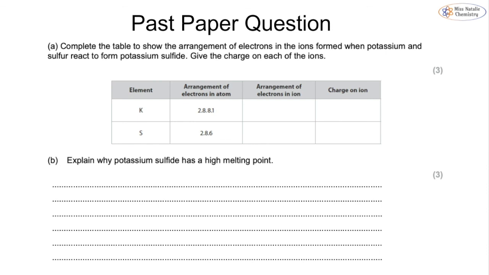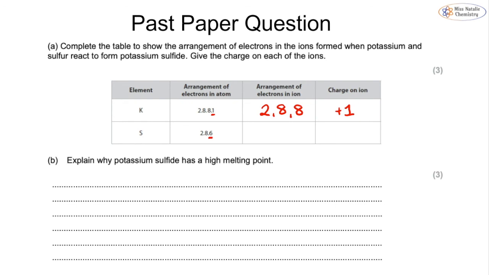For this question, we want to complete the table to show the arrangement of the electrons in ions when potassium and sulfur react to form potassium sulfide and then give the charge on each of them. Well, potassium is going to lose this one outer electron, so its arrangement will become 2,8,8. If it only loses one electron, it's in group 1, and we know that the charge becomes 1+. For sulfur, it has 6 outer electrons, so it's in group number 6.